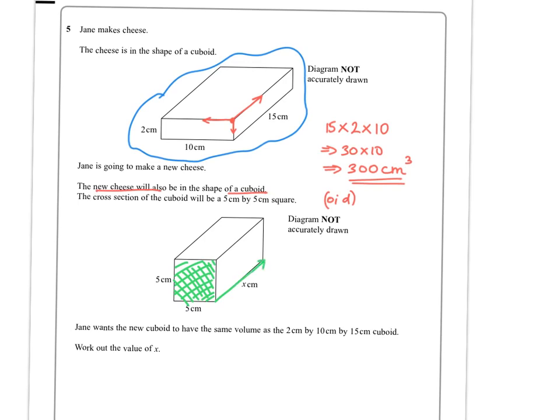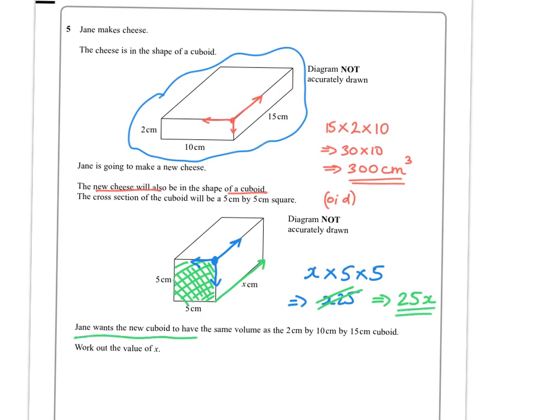So if you picked a point here, for example, you would have x times by 5 times by 5 would give the volume, and you wouldn't say x25. I've seen that enough times on papers where people do that. That's not good. You would say the number first, 25 lots of x.